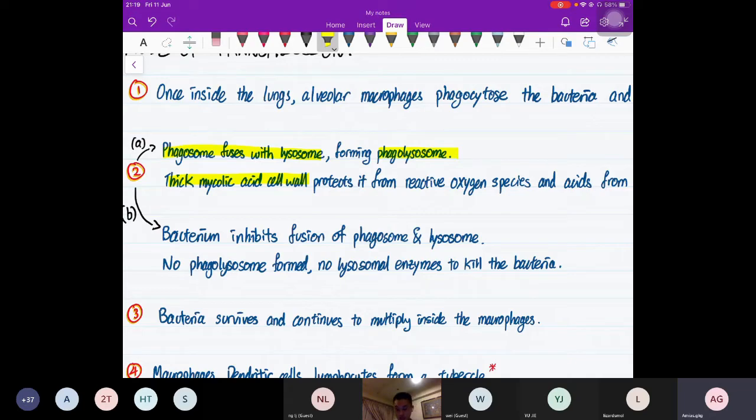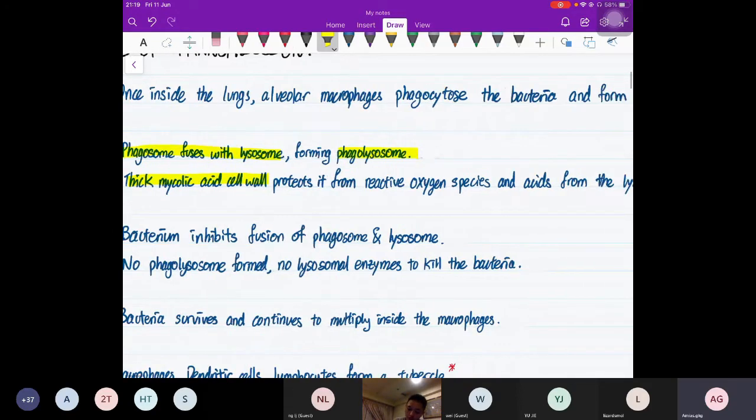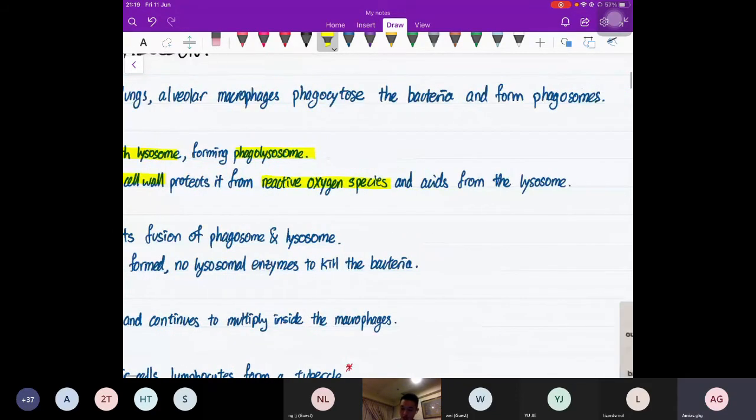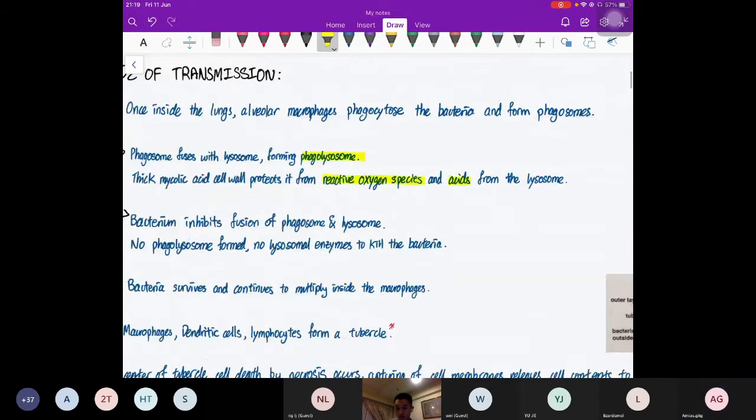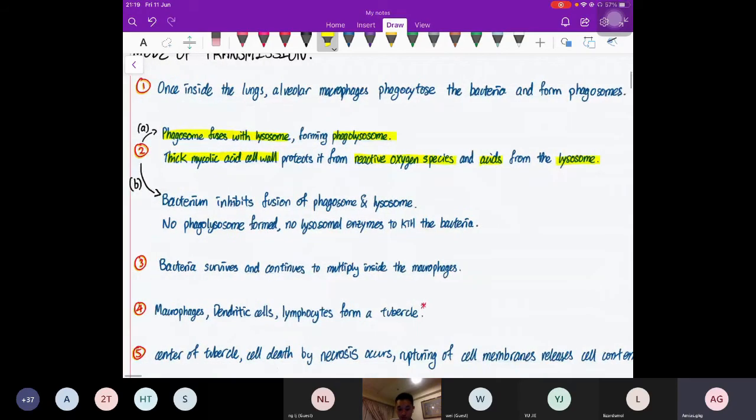This thick mycolic acid cell wall protects the bacteria from the reactive oxygen species and acids inside your lysosome. Or sometimes we refer to them collectively as your hydrolytic enzymes. Okay, so that is scenario one, where the phagosome fuses with your lysosome.